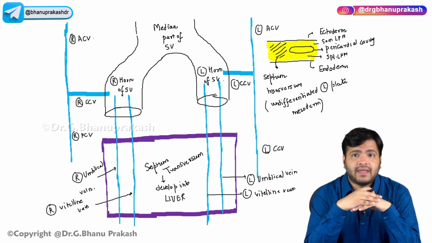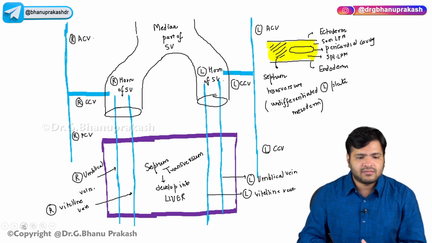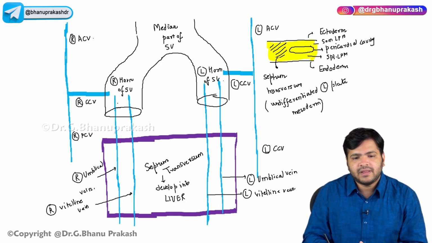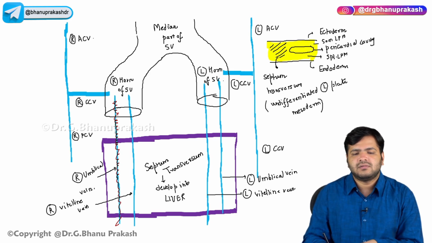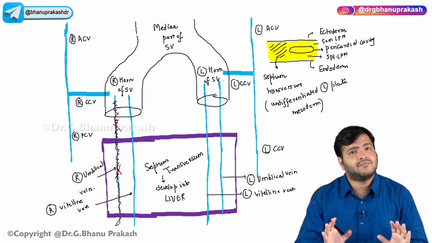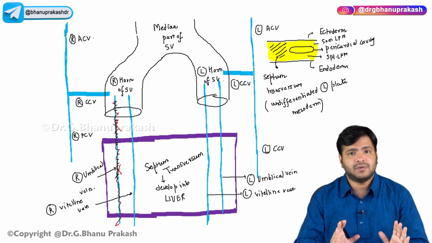So let us see, I am crossing the right umbilical vein, it will disappear. The left umbilical vein is the one which will persist, and the right one will disappear.